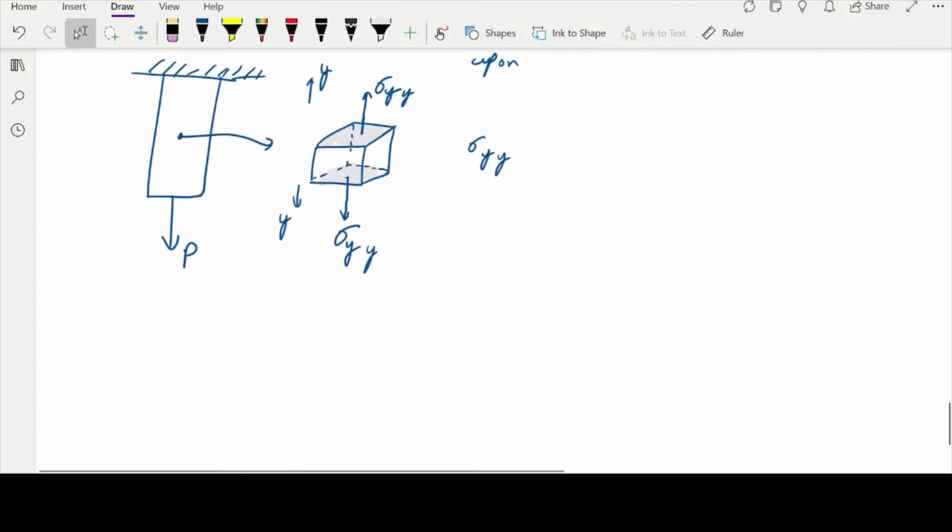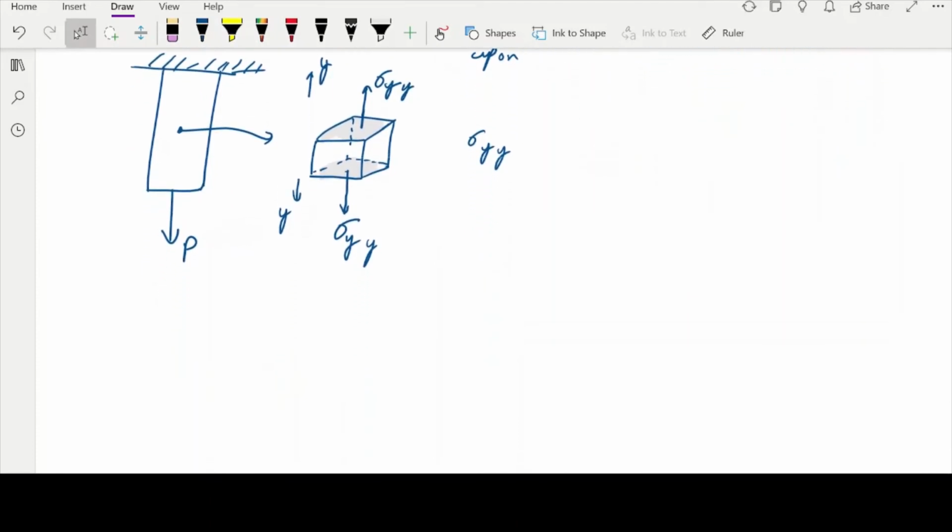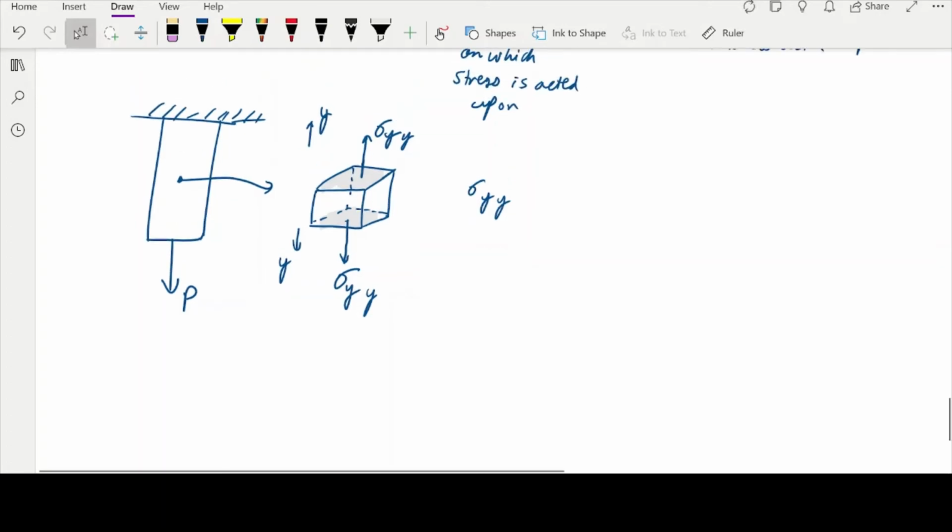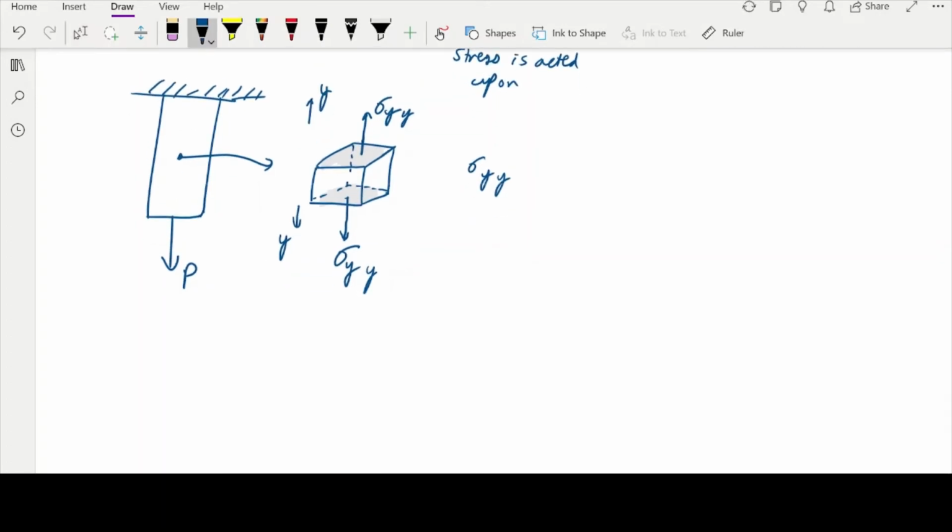Now let's see the same for the tangential stresses, the shear stresses. So let me draw the element here.